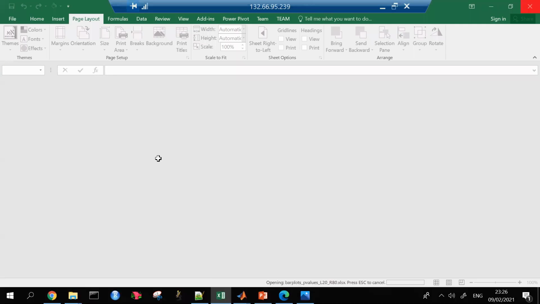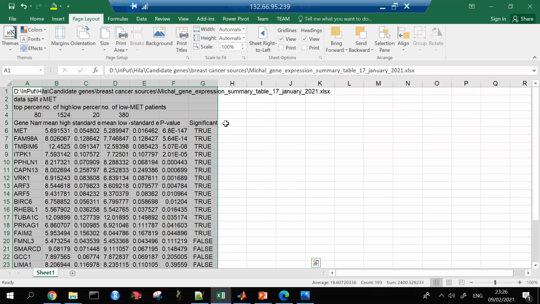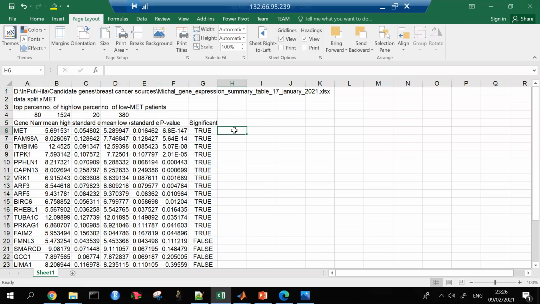What Elon usually likes to do, for example, is take the average of one group and divide it by another.